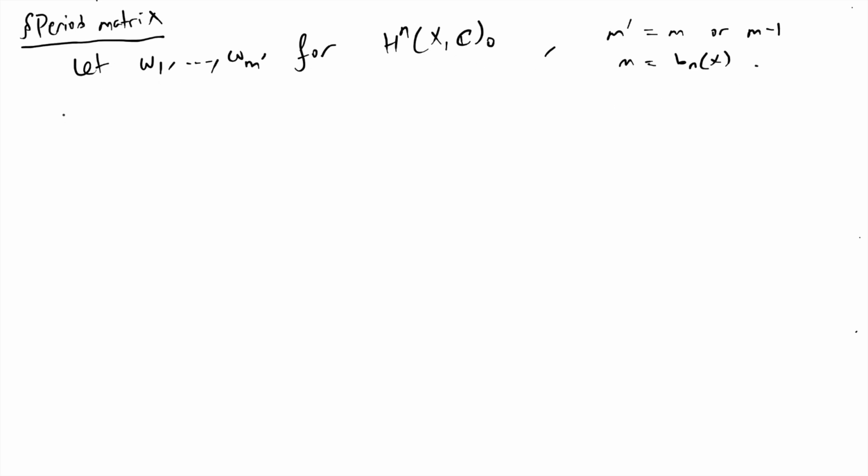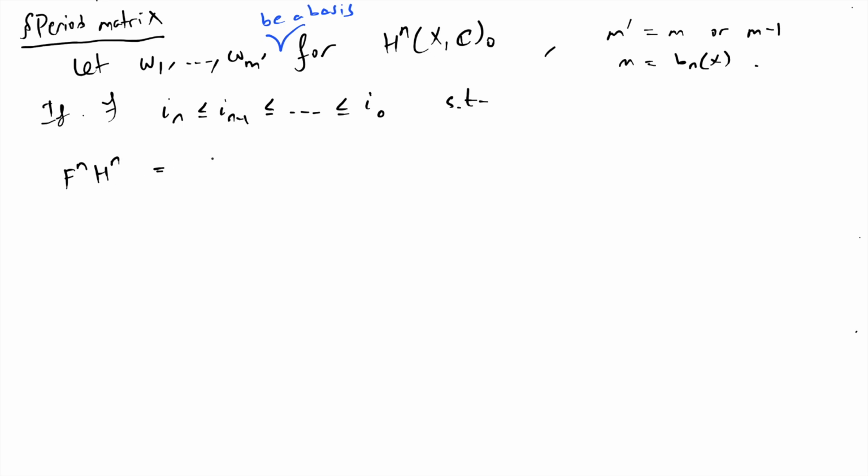So here omega is a basis, and if we can use a subsequence of this basis to generate the filtration, we say this basis respects the filtration, and in particular it gives us the filtration back. So if there exists a sequence, say i_n minus 1, and so on up to i_0, such that the smallest piece, I'm not writing X or c anymore, is generated by omega_1 through omega_{i_n}, and then of course this thing is inside F^{n-1}H^n, generated by omega_1 up to omega_{i_{n-1}}, and so on.